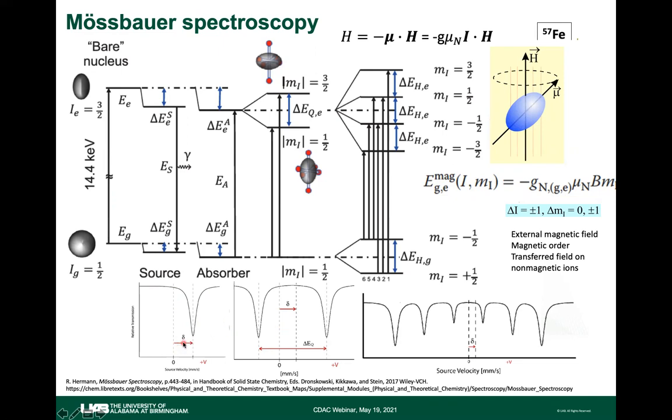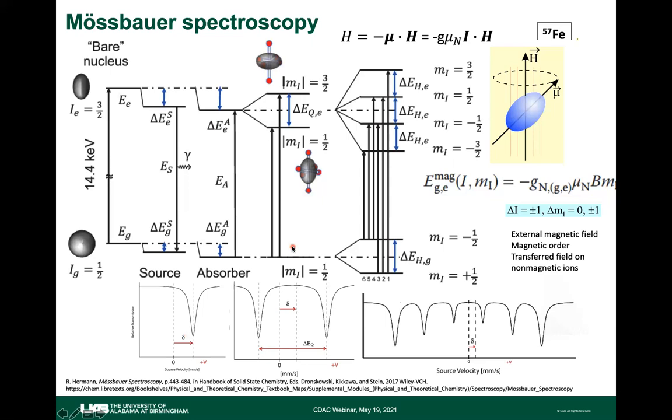The Isomer Shift, the delta here, is a direct probe of the s electron density at the nucleus, but it's also impacted by the p, d, and f orbitals, because there's a shielding and anti-shielding effect from other electronic shells. So the Isomer Shift reflects the electronic structure, mostly of the inner s electrons.